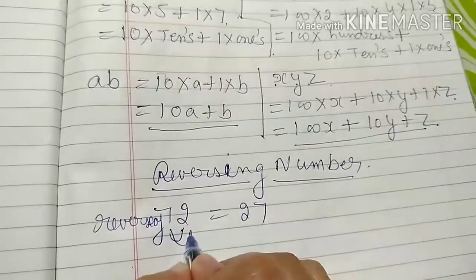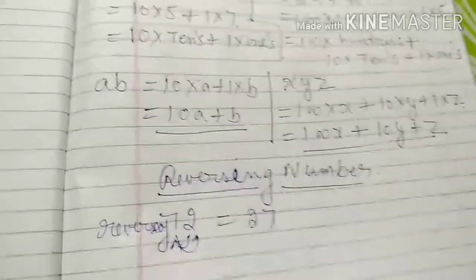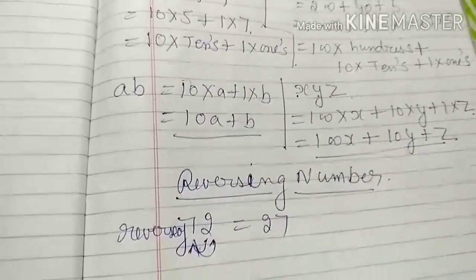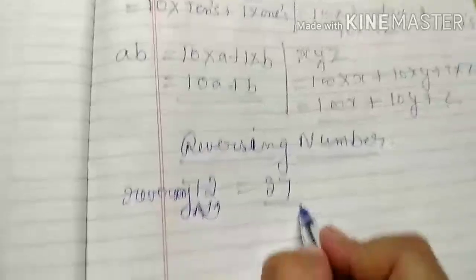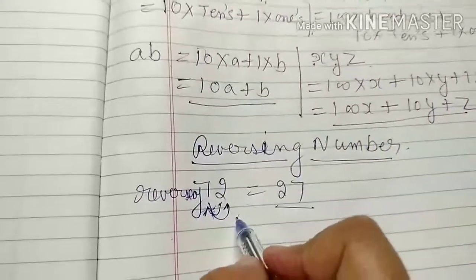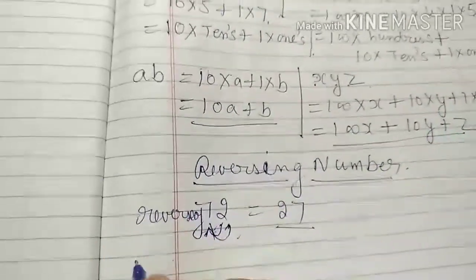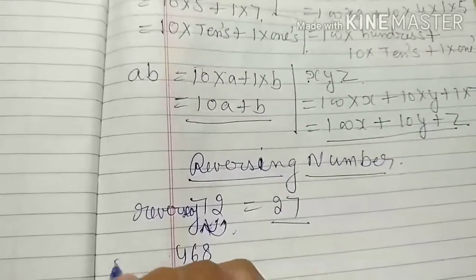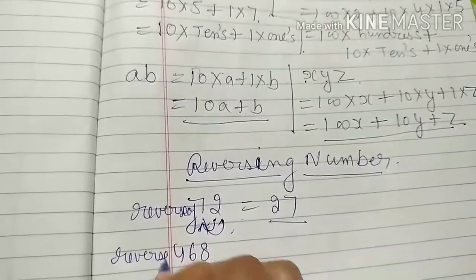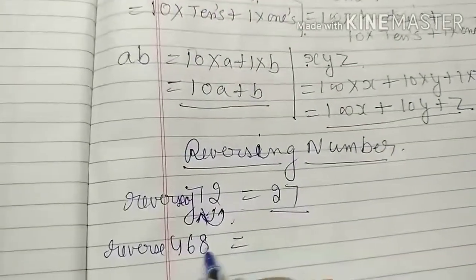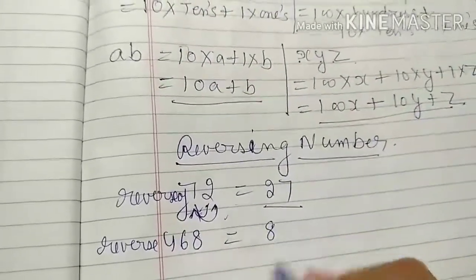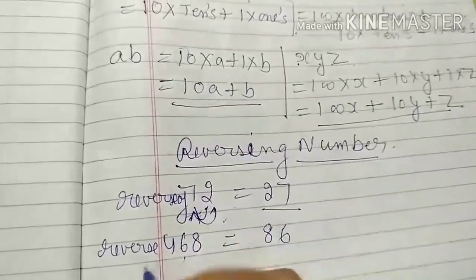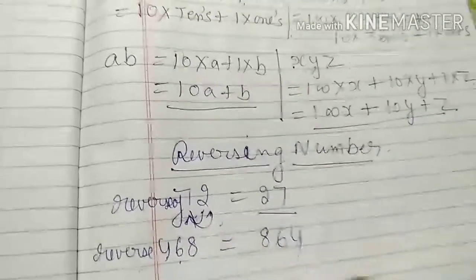You interchange the place of 1's and 10's place. So that is for the 2-digit number. But if I have a 3-digit number like 468, how do I write the reverse of this? Reverse means the last digit should be written first, the second last should be written next, and the first digit should be at last.